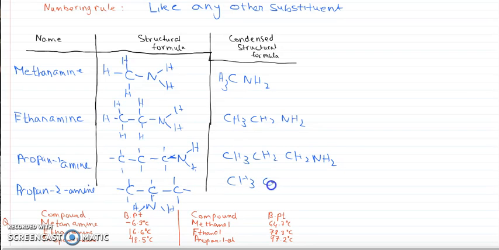CH3, CH, NH2, CH3. And that's pretty much it. These are the four most common amines. I'll just pause until you have taken this down, and then we move on to the next part.